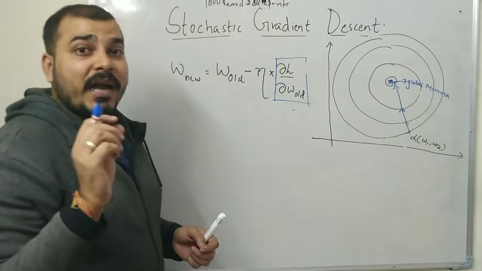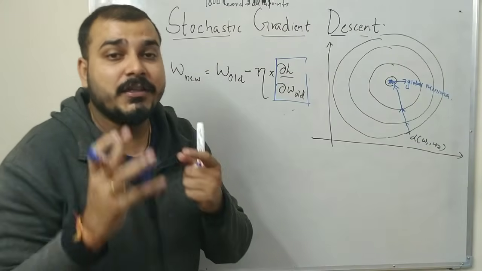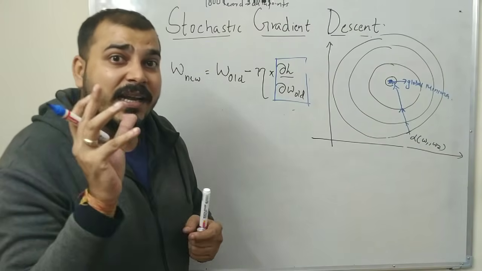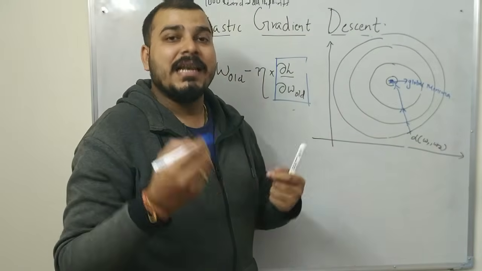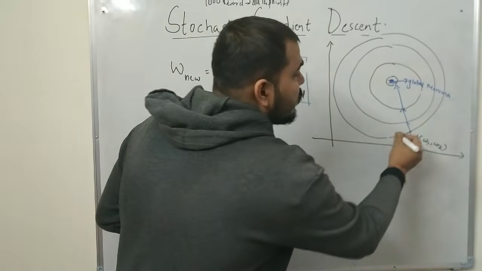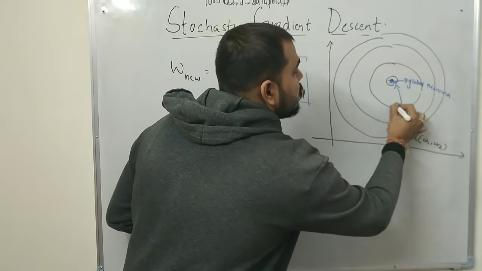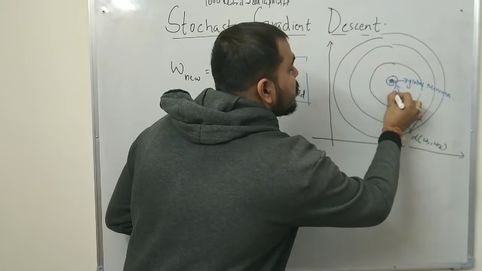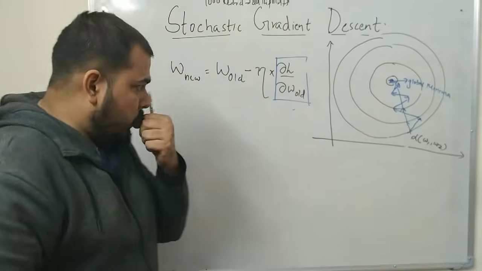But in the case of mini batch stochastic gradient descent, we are taking a sample of data points. So the convergence will not happen quickly. The convergence will have a zigzag manner, something like this. It will take time and finally it will reach the convergence.